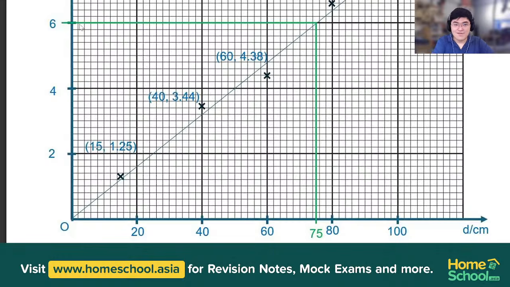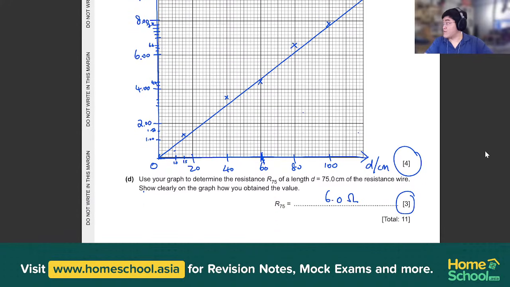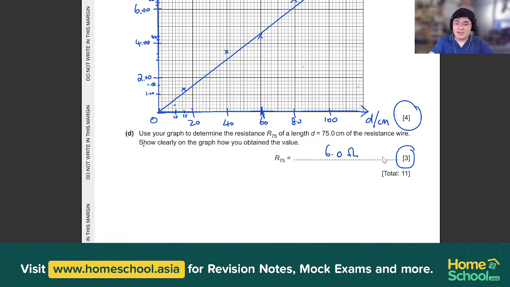As long as your value is within half a small square around 6, you are good. And last but not least, 1 mark is awarded if your value of R75 is between 5.6 and 6.4 according to our marking scheme. So this is how you get your full 3 marks. And that wraps up question 2.